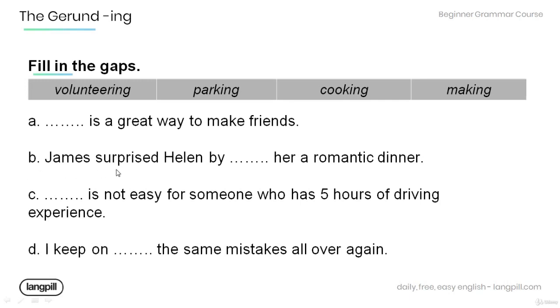B. James surprised Helen by blank her a romantic dinner. C. Blank is not easy for someone who has 5 hours of driving experience. D. I keep on blank the same mistakes all over again.